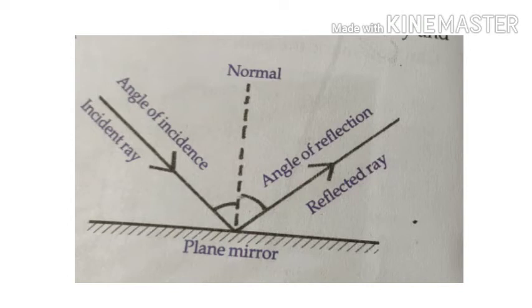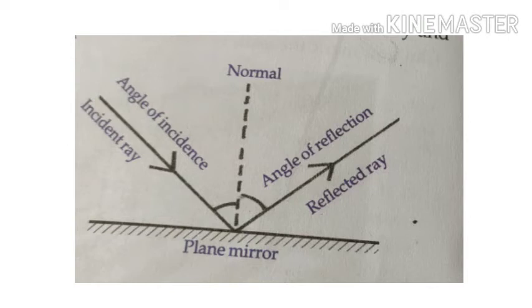The point of incidence you can see in the picture. It is the point where the incident ray strikes the mirror.